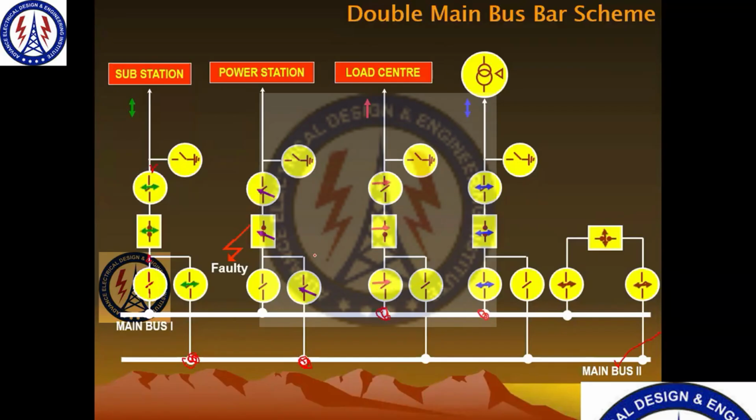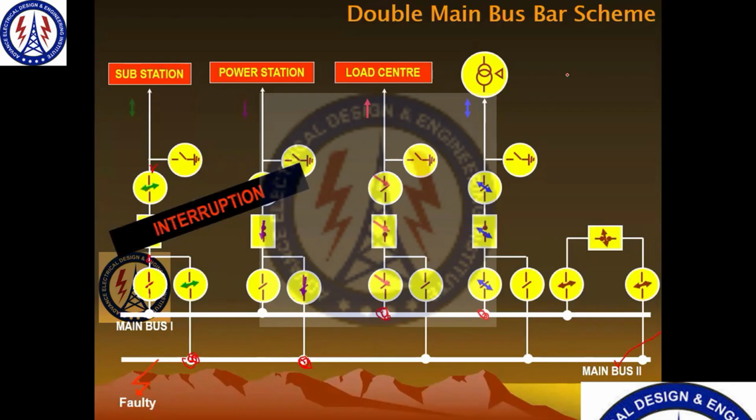So this feeder will get interrupted, the power supply will get interrupted. This will get tripped. Other feeders are working in a healthy condition. When you clear the fault, it will again work in a healthy condition. Now suppose you have a fault on this bus bar. The feeders connected to this bus bar 2 will have the power interruption.